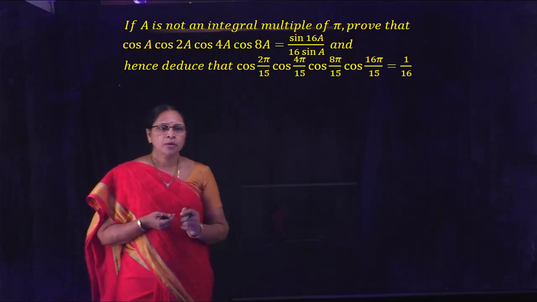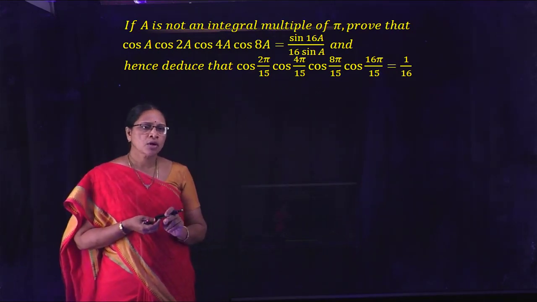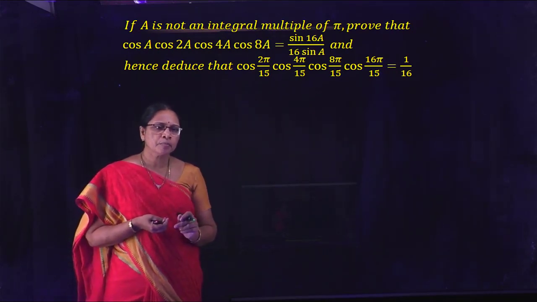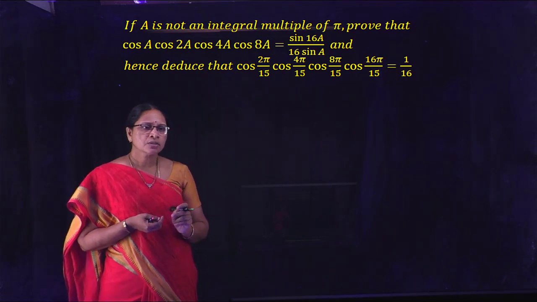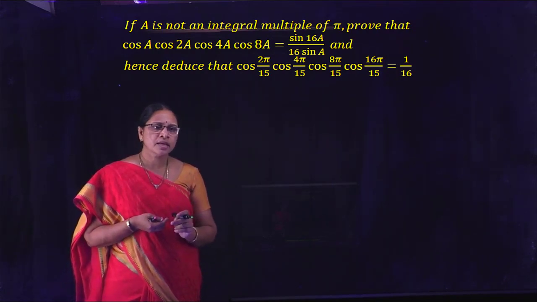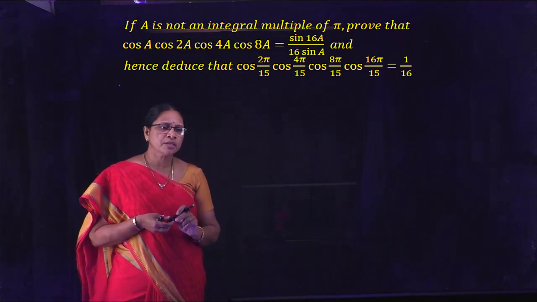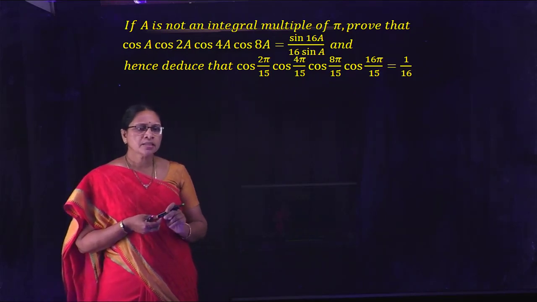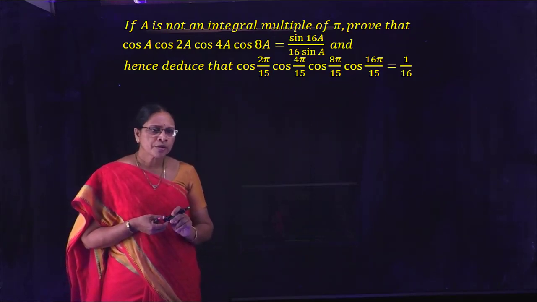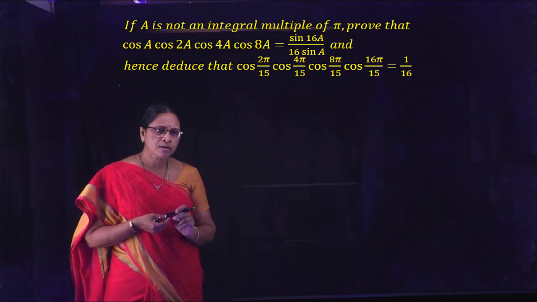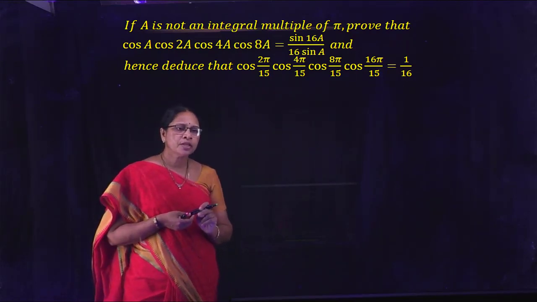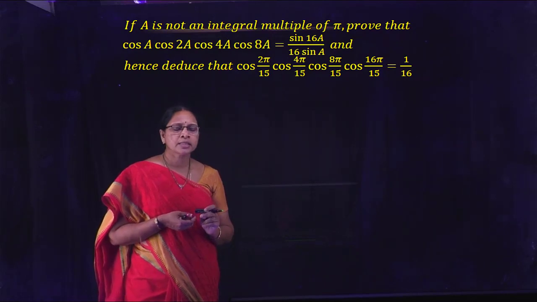See the next problem. If A is not an integral multiple of pi, prove that cos A, cos 2A, cos 4A, cos 8A is equal to sin 16A by 16 sin A, and hence deduce that cos 2 pi by 15, cos 4 pi by 15, cos 8 pi by 15, cos 16 pi by 15 is equal to 1 by 16.